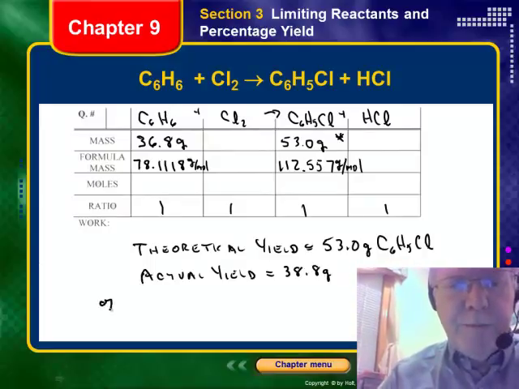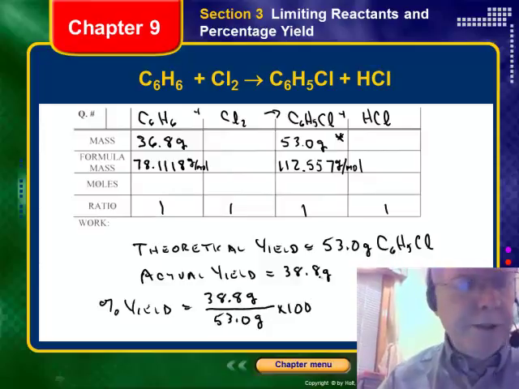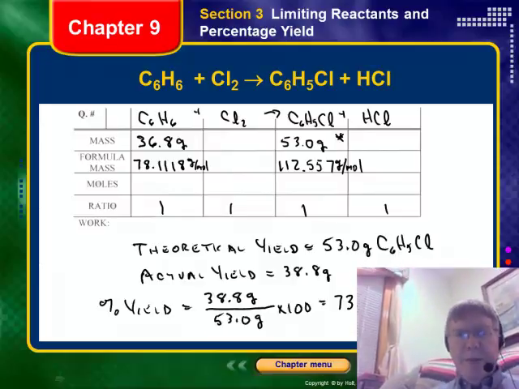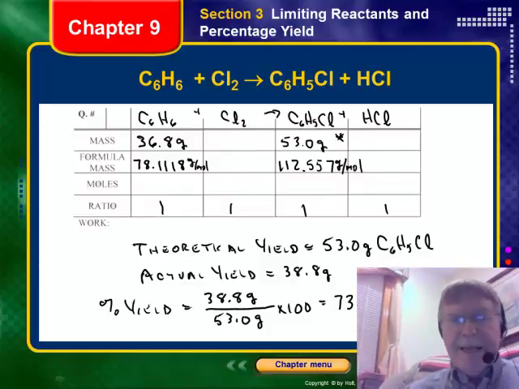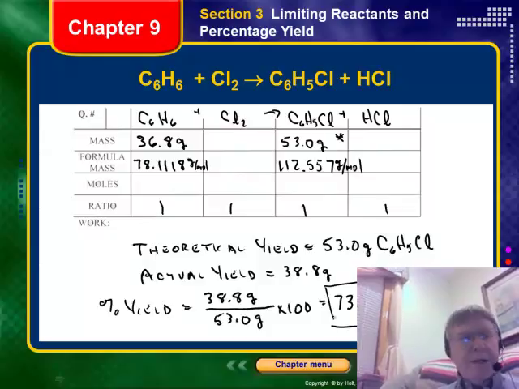Okay, so our percentage yield is the actual yield, 38.8 grams, divided by 53.0 grams, times 100, and I get 73.2%. Notice that that number is dimensionless. It is just 73.2%. That is the answer that we were looking for. That is our percentage yield. We're getting 73.2% of what we theoretically could get in this reaction.